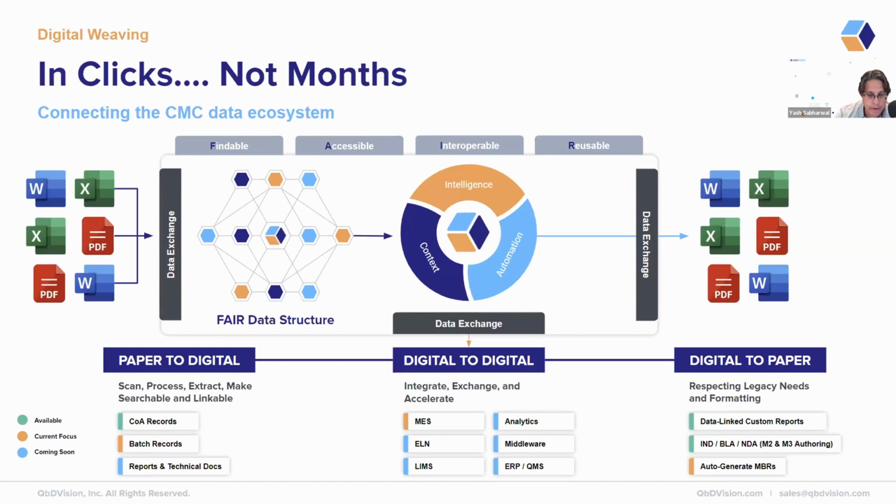So there's a lot of power that comes with combining a well-structured digital platform with these data exchange technologies to build that overall CMC ecosystem and build that digital fabric for your operations.